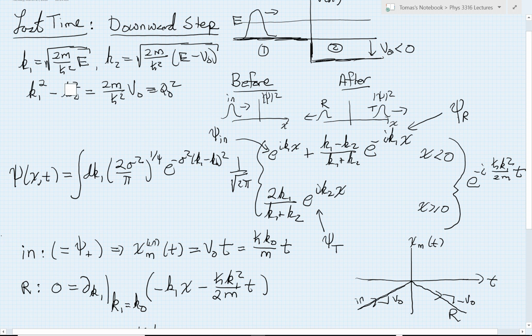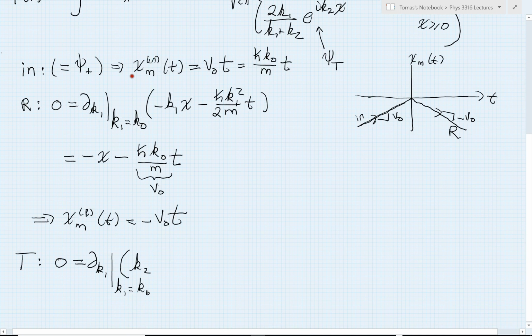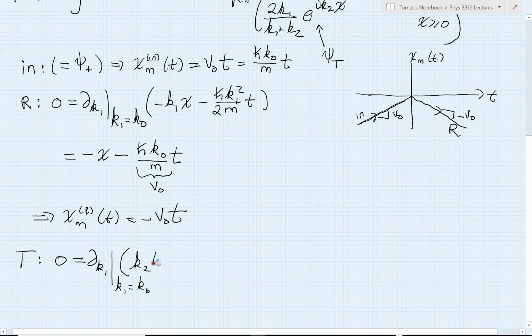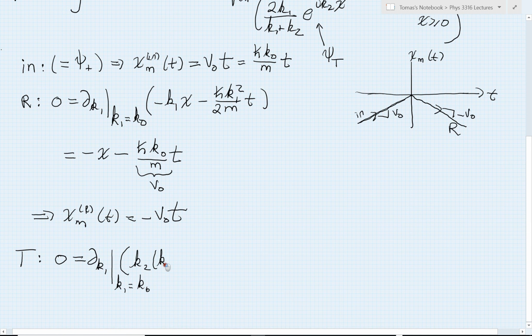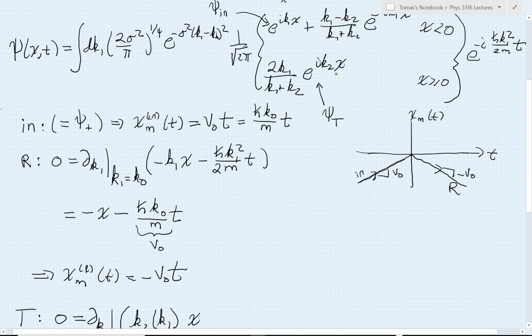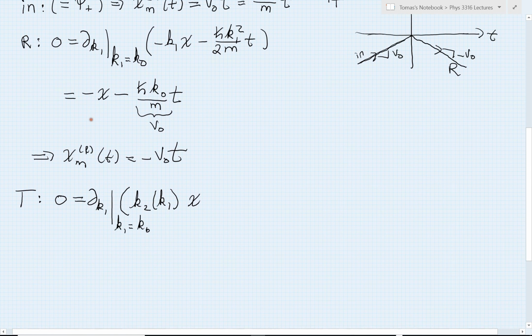They are interdependent functions. When I change K1, K2 changes its value. So to remind myself of that, I'm going to write K2 as a function of K1. That is multiplying x, as we see here. And then finally, I've got the usual time-dependent phases, h bar K1 squared over 2m times t.